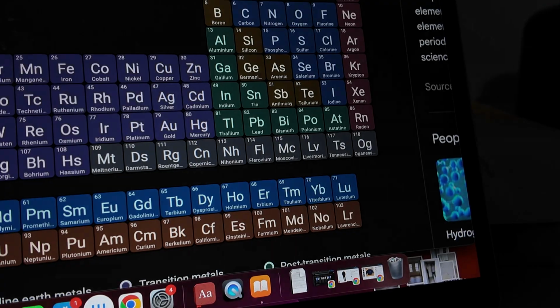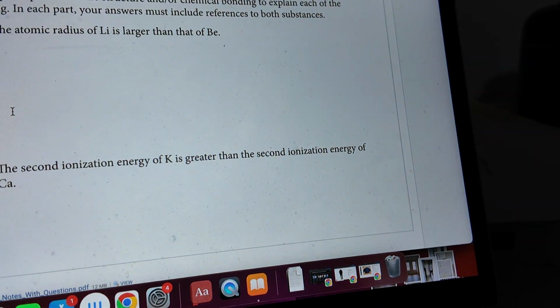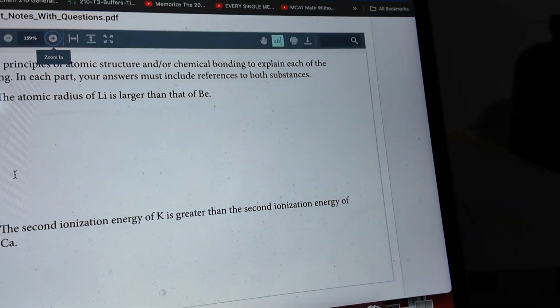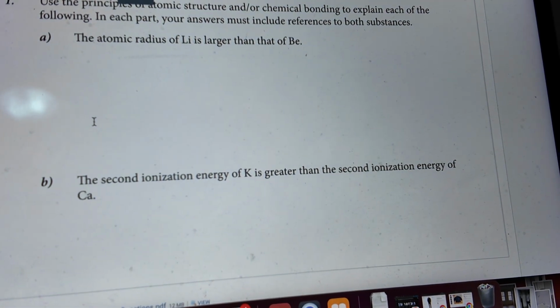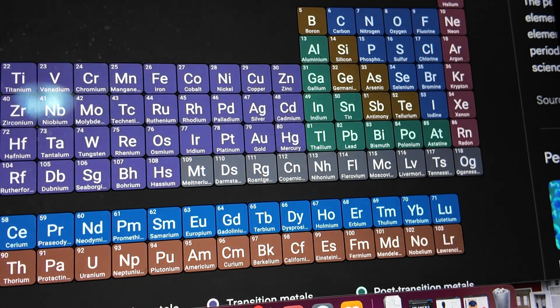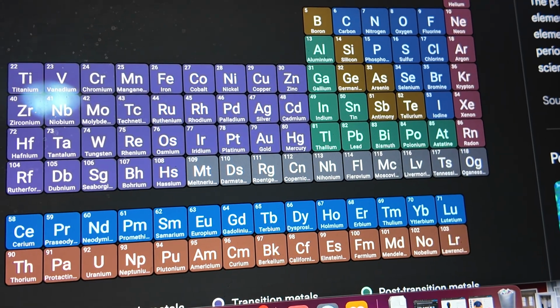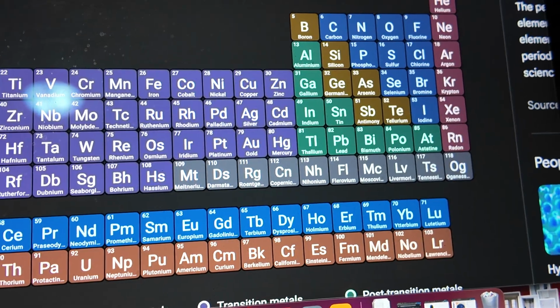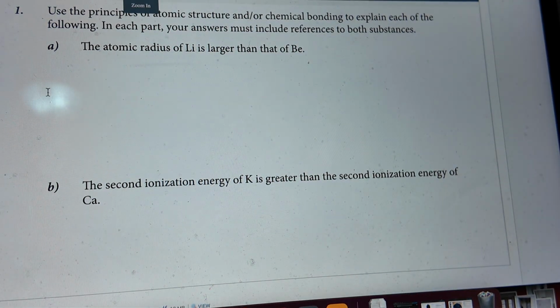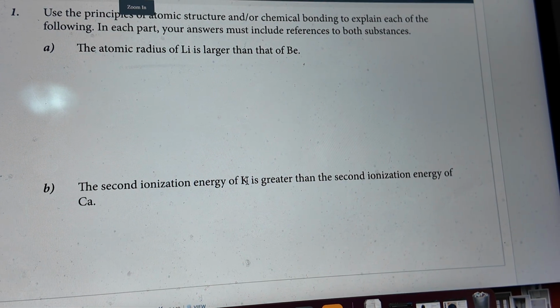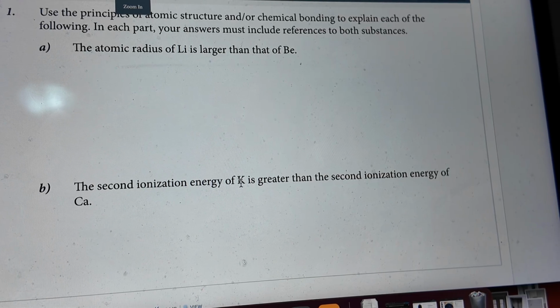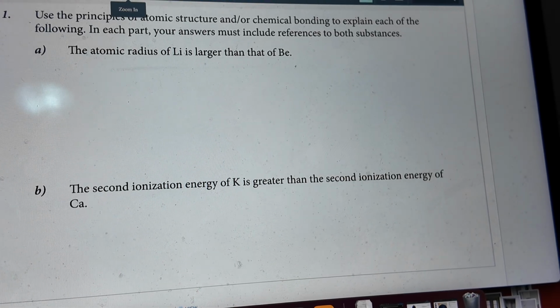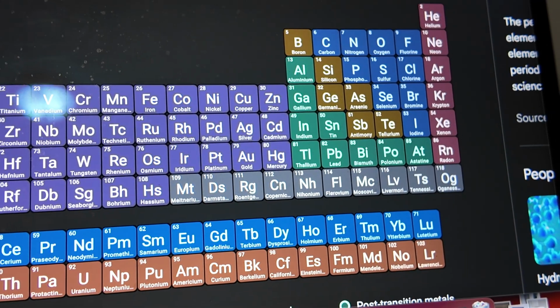Right? And so if you look, let me see the question. The second ionization of potassium is greater than the second ionization of calcium. And that makes sense because, what does it say again? The second ionization of potassium is greater than the second ionization of calcium.